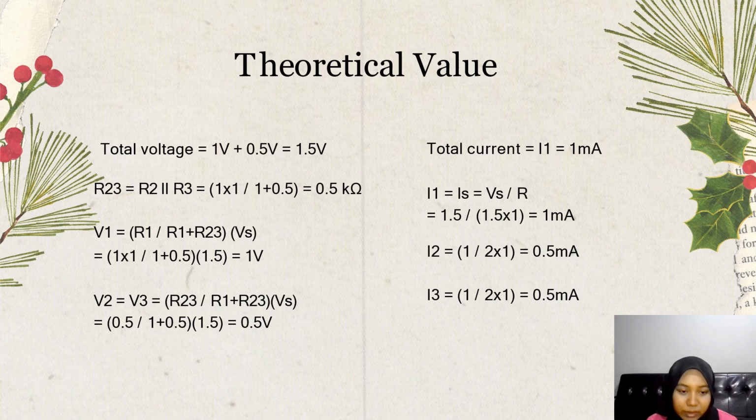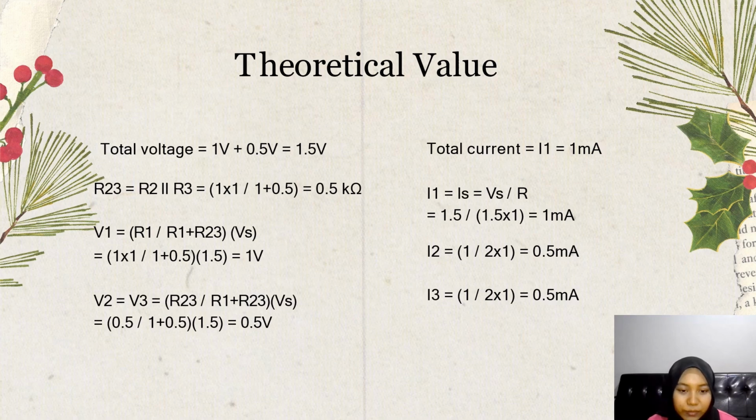To find V2, it is equal to R23 over R1 plus R23 times Vs, which is 0.5 over 1 plus 0.5 times 1.5, equal to 0.5 volt, and the value of V2 and V3 is the same, which is 0.5 volt.